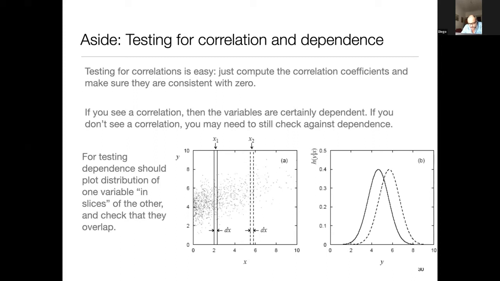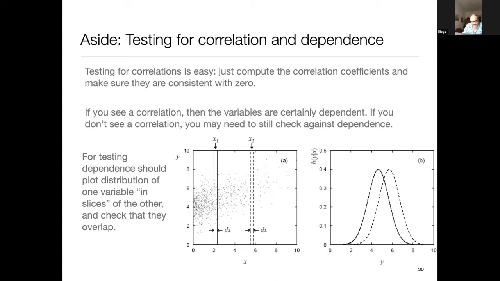And so you see here that I'm representing two slices in the X dimension, and then on the right plot, I have the distribution of the Y dimension for those events belonging to these narrow slices, and I see that they actually change, they move, and therefore these variables are not independent, they are dependent.